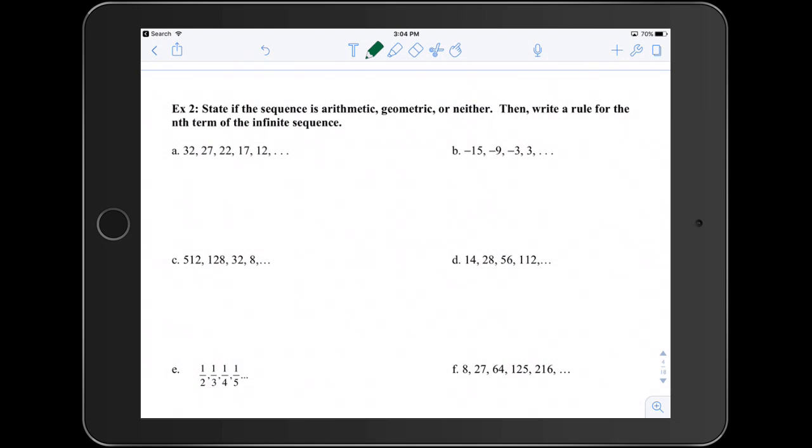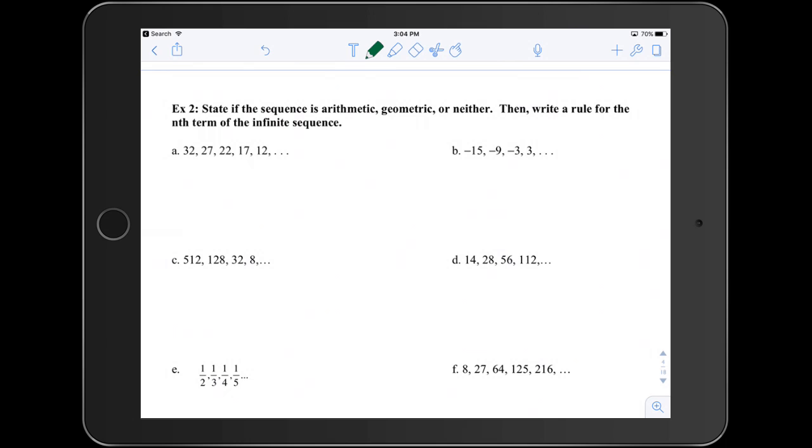I'm going to end up scrolling back up to those rules, but right here, example number 2, it says state if the sequence is arithmetic, geometric, or neither, then write a rule for the nth term of the infinite sequence. You'll notice they are all infinite. When it says write a rule for the nth term, it's just saying write a rule that will work for any term along the whole infinite line.